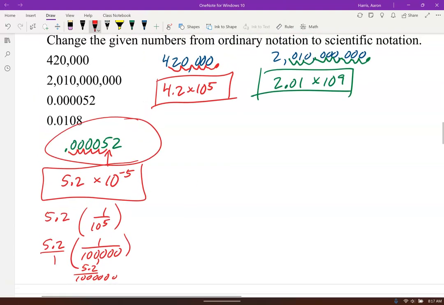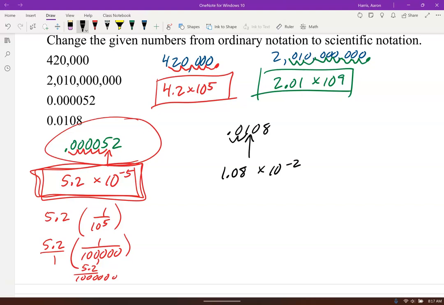So 5.2 times 10 to the negative 5 for that one. And let's do this last one, 0.0108. I want it right there, so I'm going to move it over. 1.08 times 10 to the negative, I moved it twice, times 10 to the negative 2.